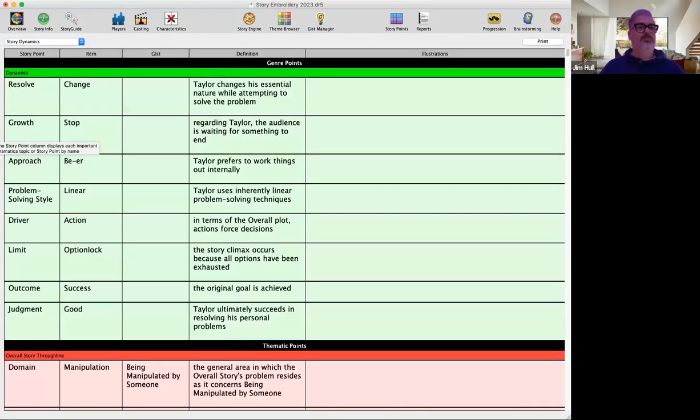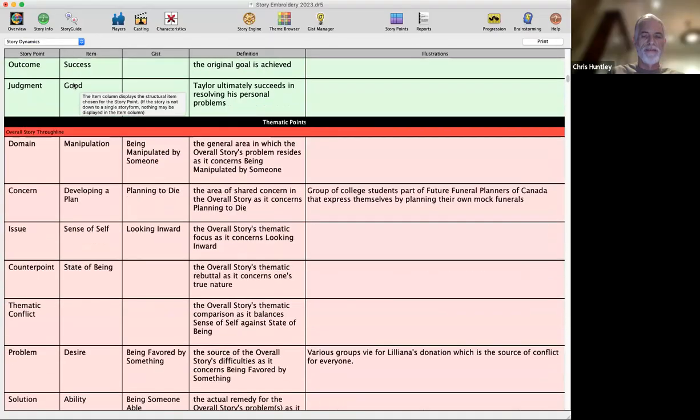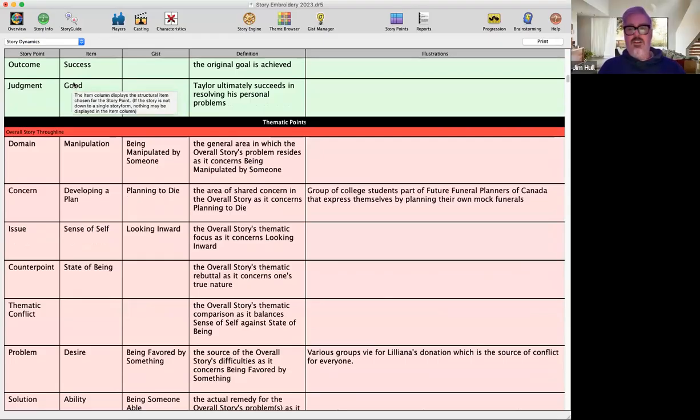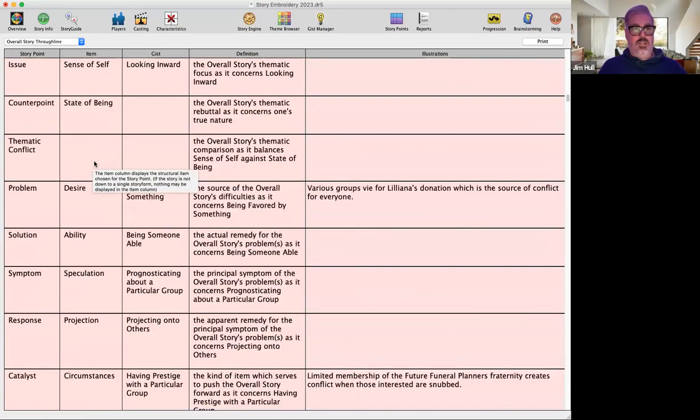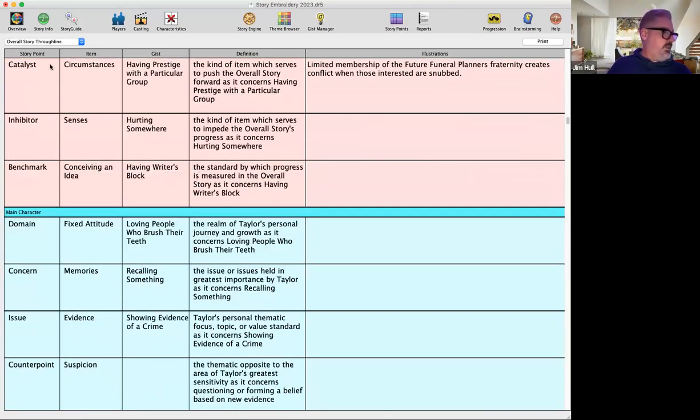All right, so back to the overall story. Everybody's vying for Liliana's donation. So the story goal of conceptualizing or planning would be figuring out how things fit together.